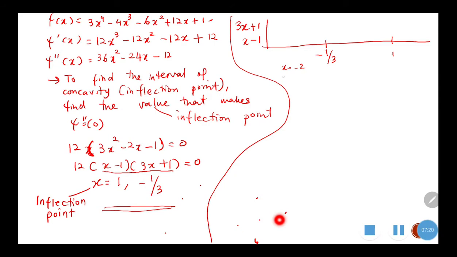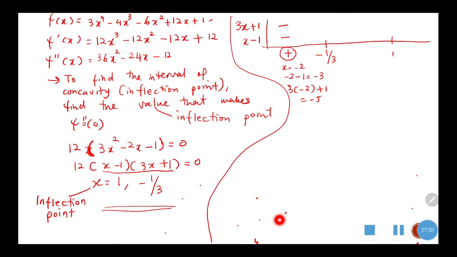For the first factor, minus 2 minus 1 gives minus 3, so it is negative here. Then 3 times minus 2 plus 1 gives minus 5. Negative times negative gives positive.